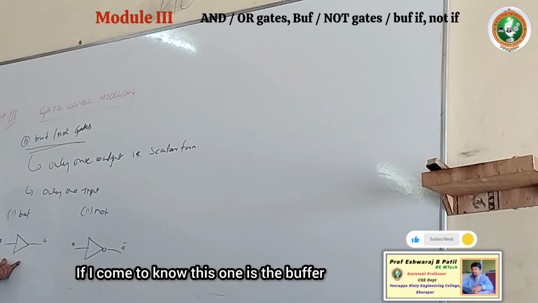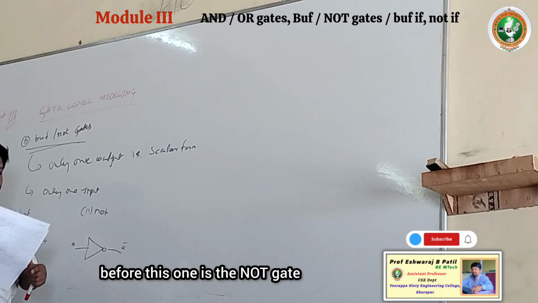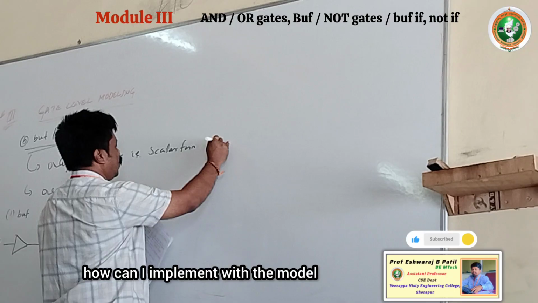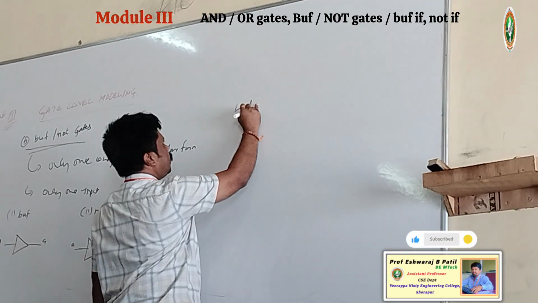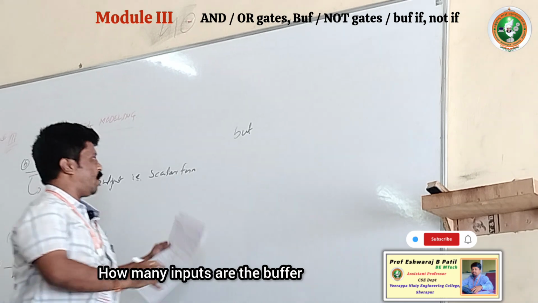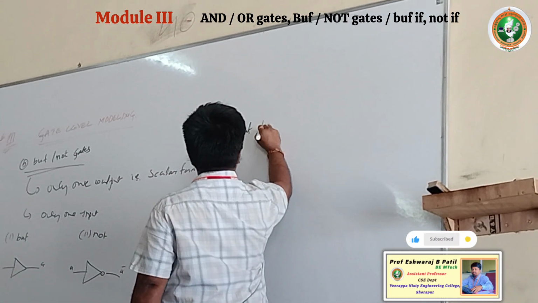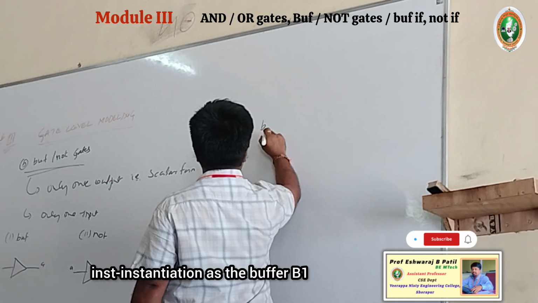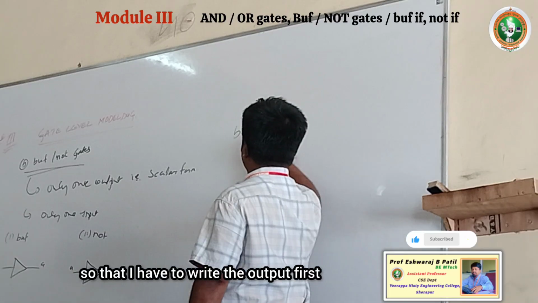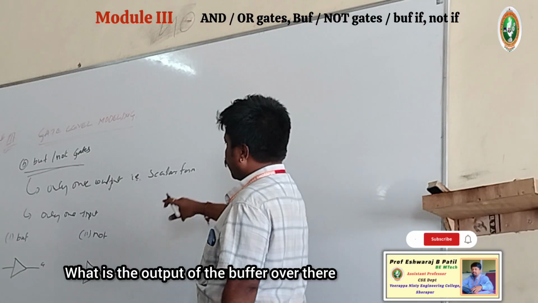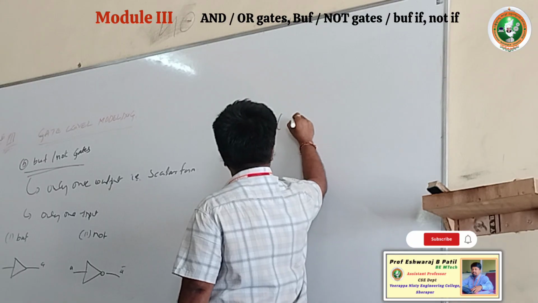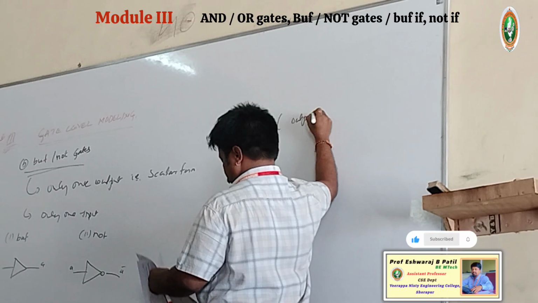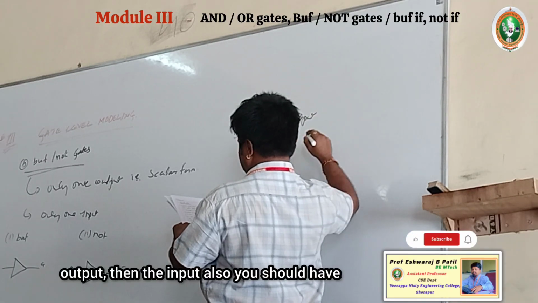If I know this one is the buffer and this one is the NOT gate, how can I implement them with the model? There are three ways I can implement the buffer. I can give the instantiation as buffer B1, and I have to write the output first, then the input.